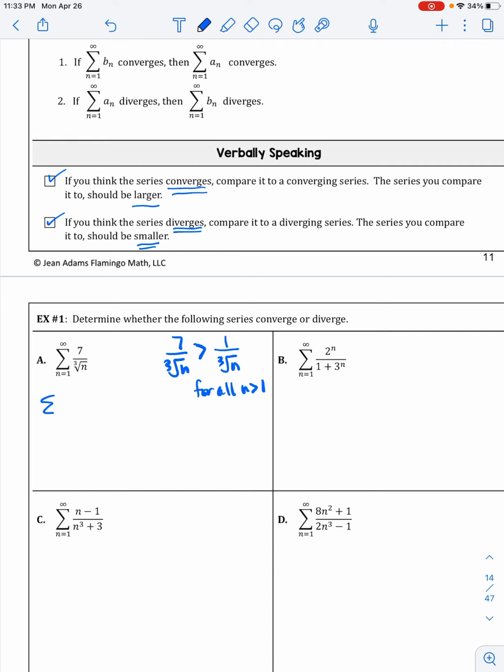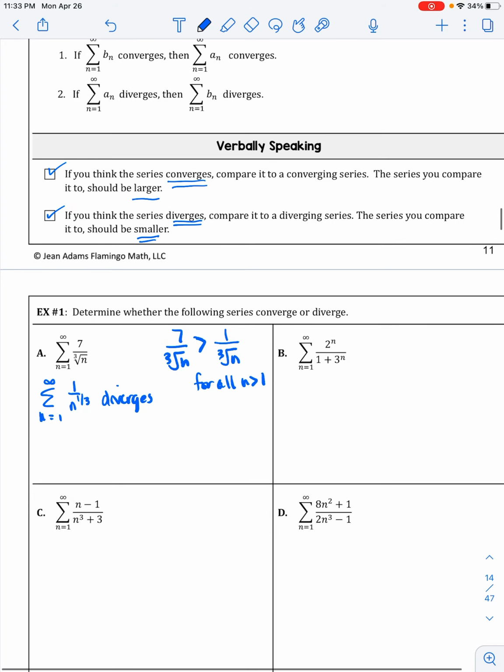So if I compare it to 1 over cube root of n for all n greater than or equal to 1, then I can look at the summation n equals 1 to infinity of 1 over n to the 1/3.